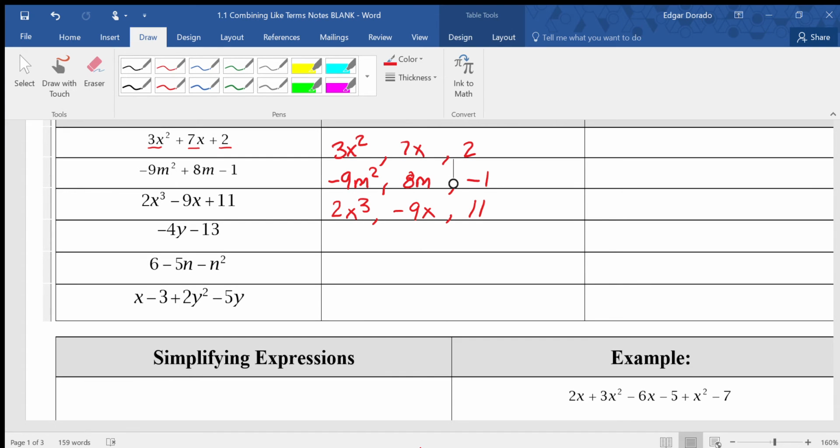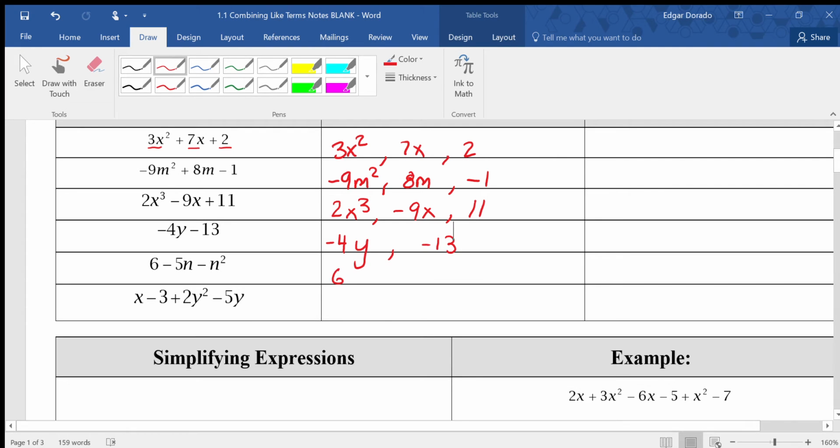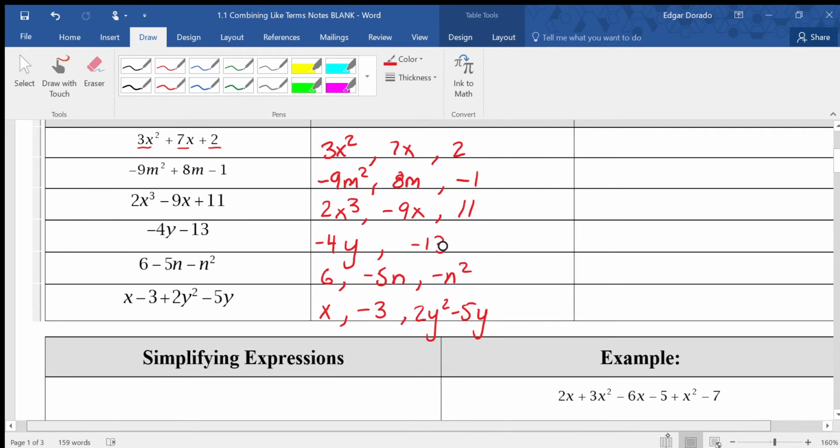Let's keep going. We have a negative 4y, comma, negative 13. Next one we have a 6, comma, negative 5n, comma, negative n squared. All right, and then for this last one we have x, we have a negative 3, a 2y squared, and a negative 5y.